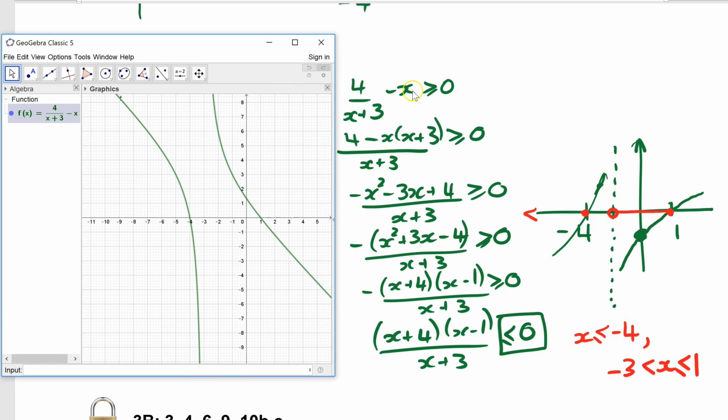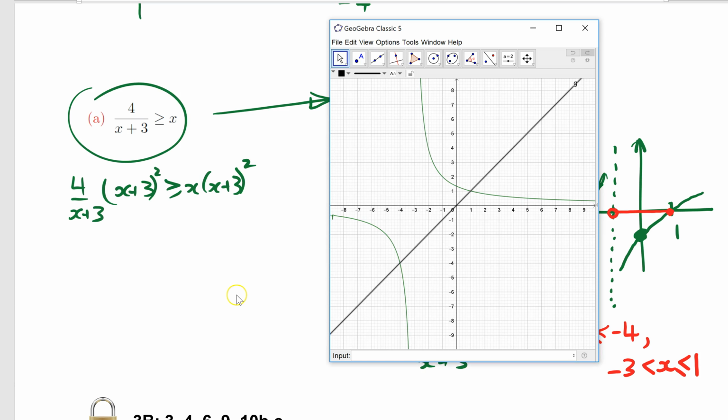This actual graph is this one here, and where this actual graph is greater than 0 is up here, which is where x is less than -4, and in this bit here, which is where x is greater than -3 but less than or equal to 1.